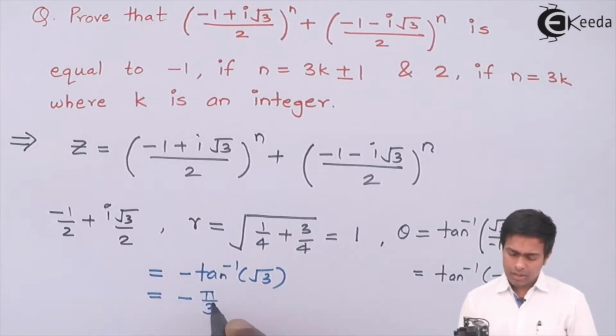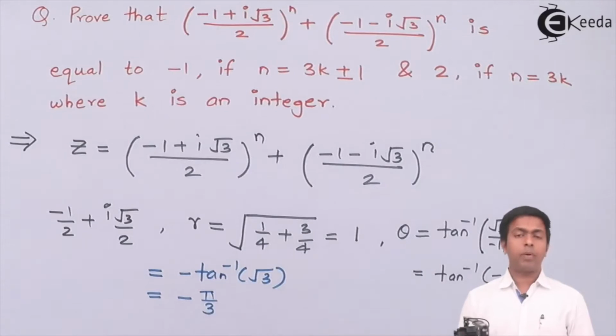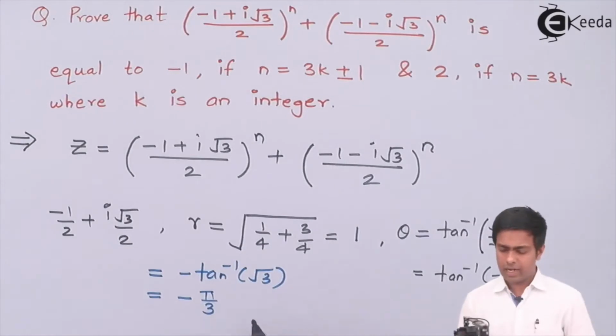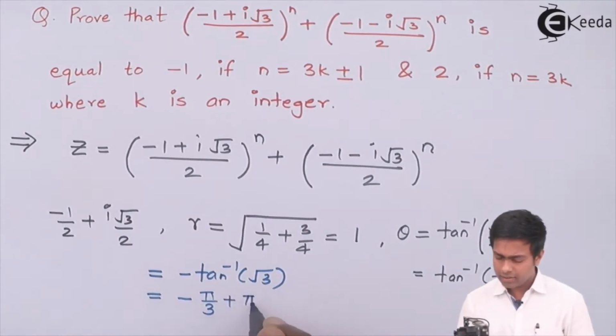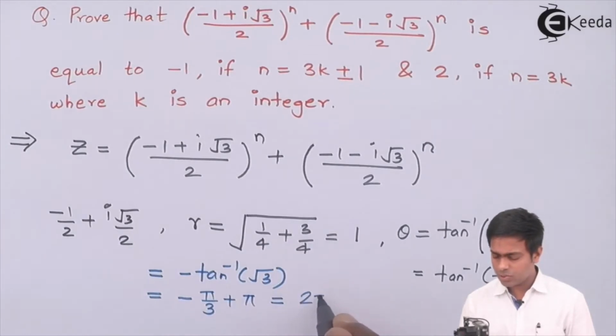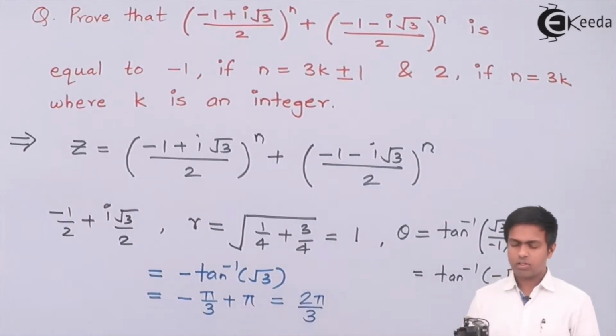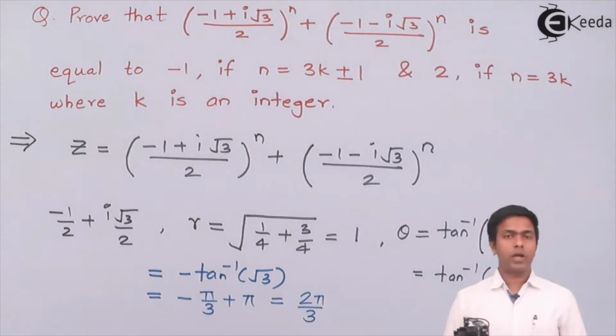Since this negative pi by 3 lies in the fourth quadrant and we want the angle in the second quadrant, we add pi, and therefore we get 2 pi by 3. So guys, we got theta as 2 pi by 3.